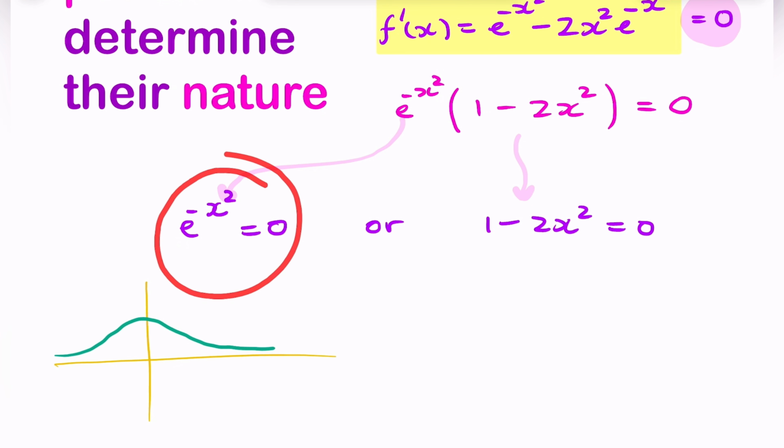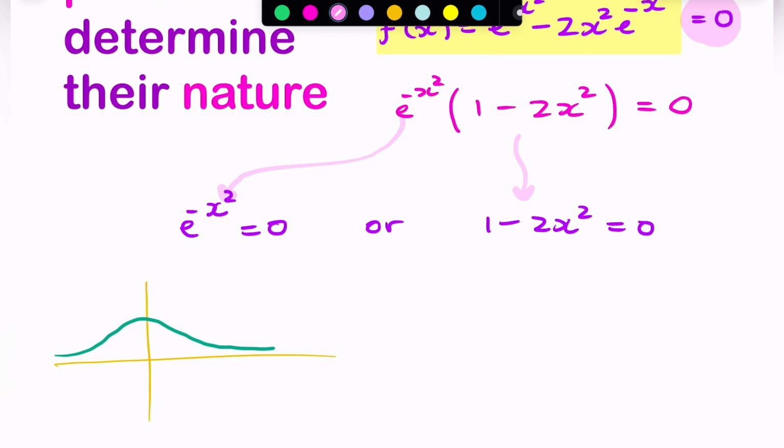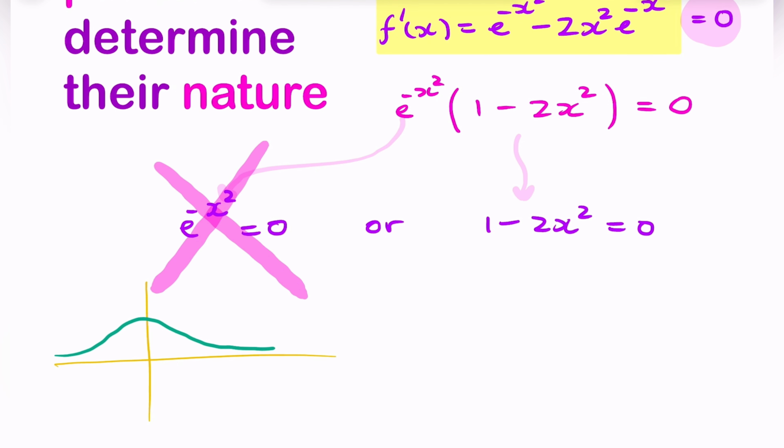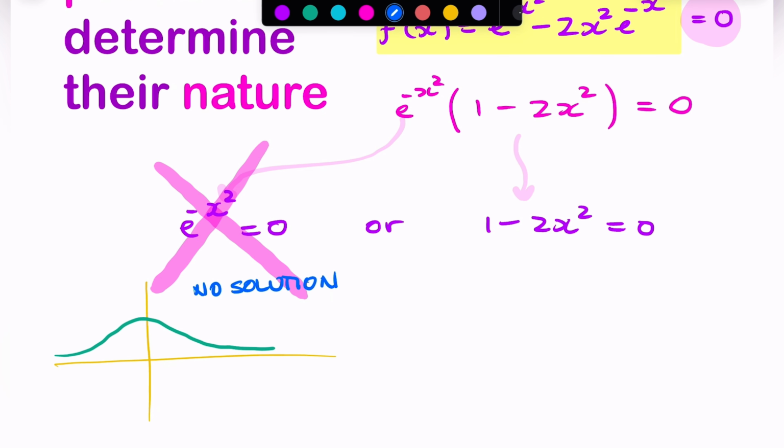It's not possible to find a solution for this. So we can just reject that. There's no value of x that will make e to the negative x squared 0. So no solution.